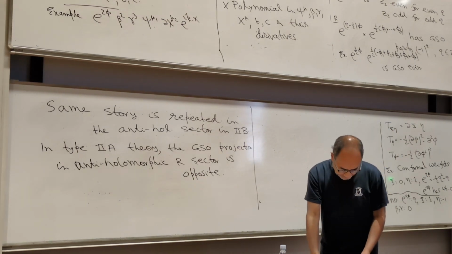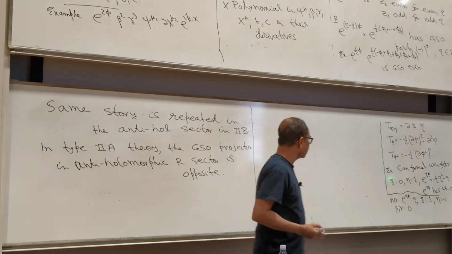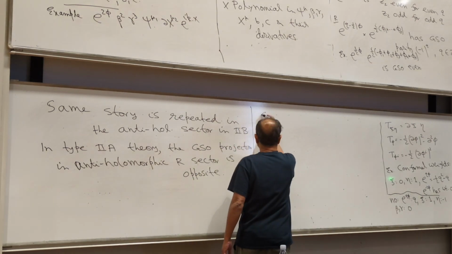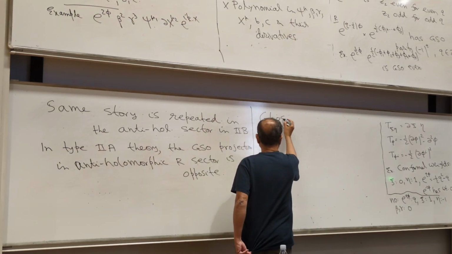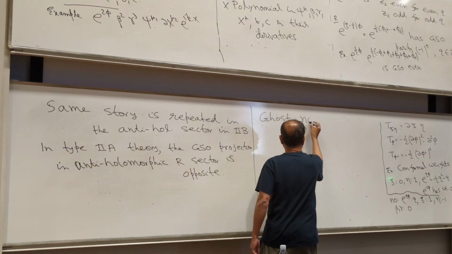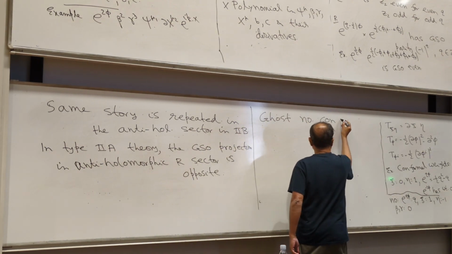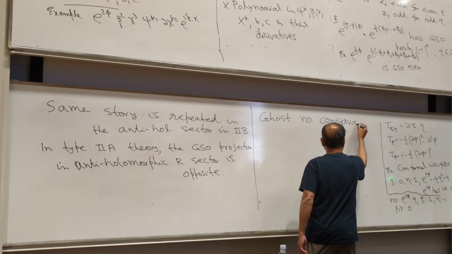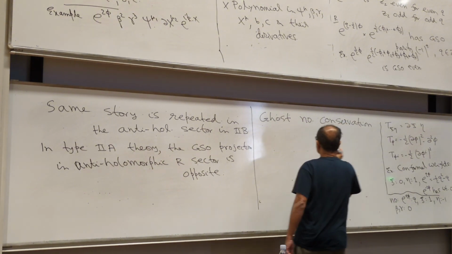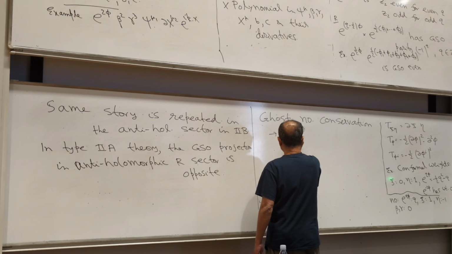Now let's discuss the ghost and picture number conservations. So first, ghost number conservation is the same. It is the same as in the bosonic theory.